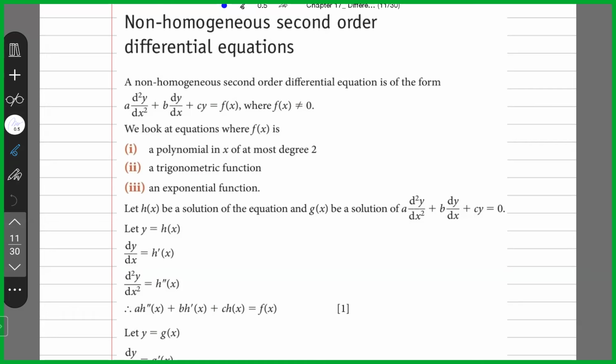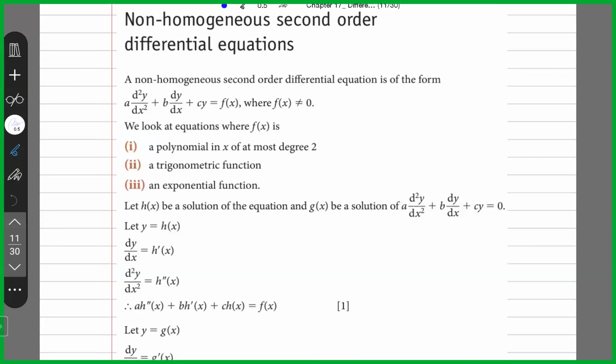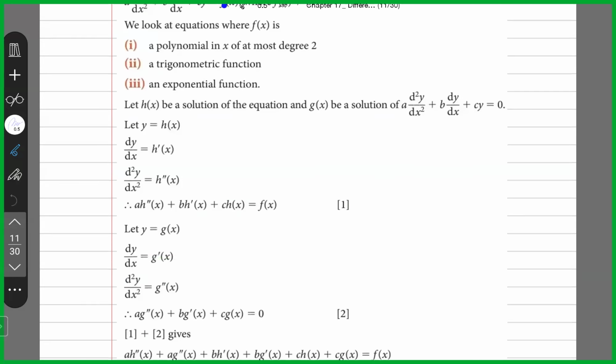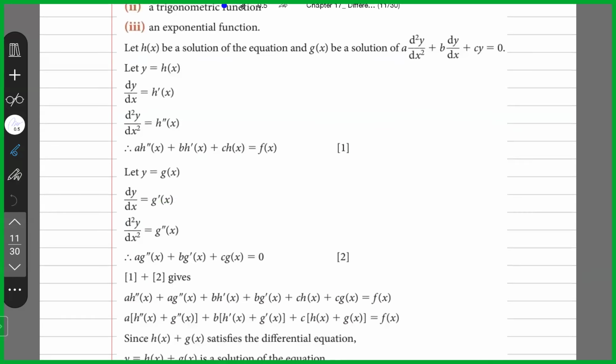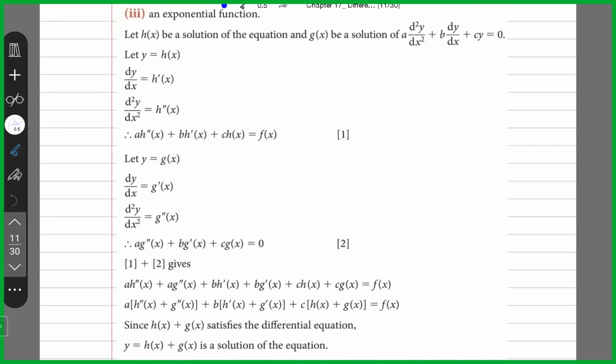Now, how do we go about solving a differential equation of this form? So here's what they said. Let h of x be a solution, and let g of x be a solution of a d2y by dx squared plus b dy by dx plus cy is equal to 0.